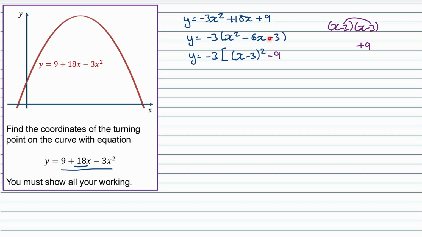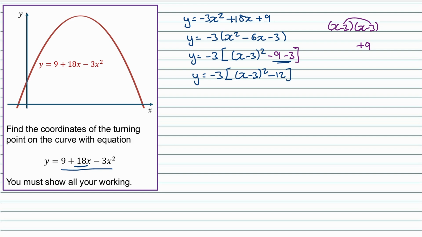And then I need to add back in this negative 3. So we'll take away 3 now. And I'll close that bracket. Now I can tidy up what's in here. So we'll get y will equal negative 3, and then x minus 3 squared, and this becomes negative 12.